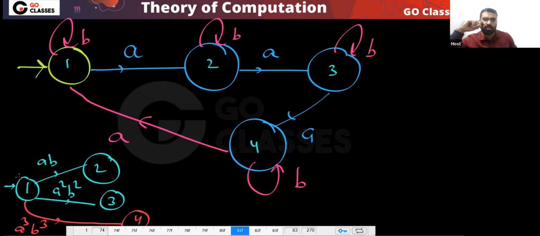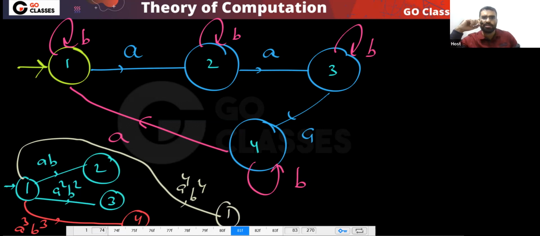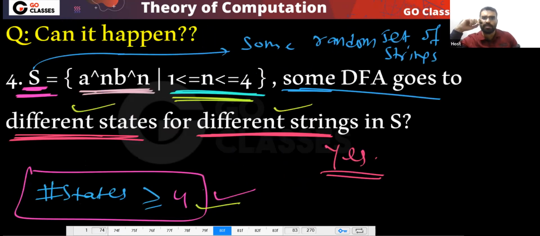And on a power 4, b power 4, you are going to state 1. Can you notice this will do? This will work. So yes, we can create a DFA with only 4 states.